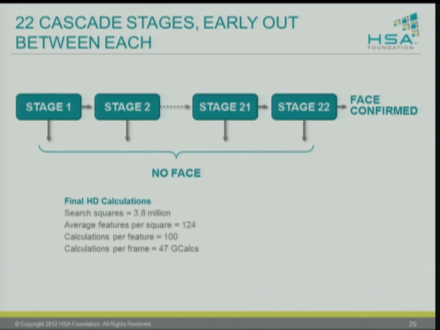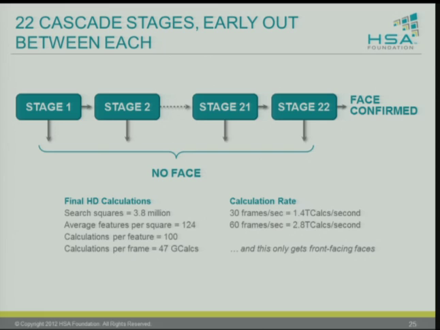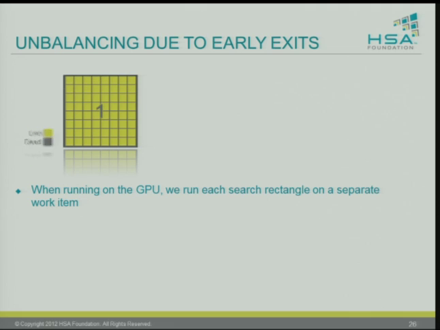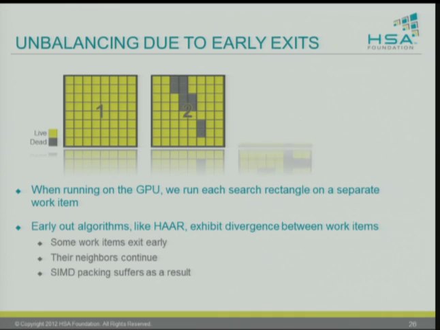So if you think about that in terms of calculations, we're up to 47 billion calculations per frame, and at 60 frames per second, 2.8 trillion calculations per second. So obviously there's a lot of parallel processing here. You'd think this would be a great fit to just run the whole thing on the GPU. However, early out algorithms don't do well on SIMD engines. Right?